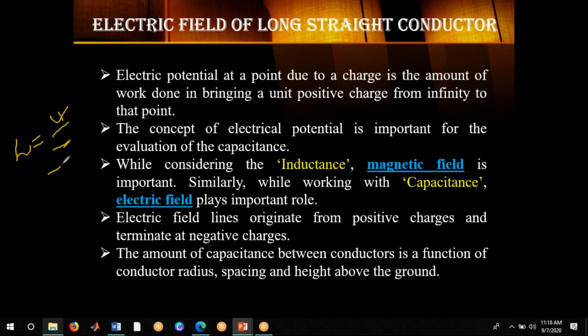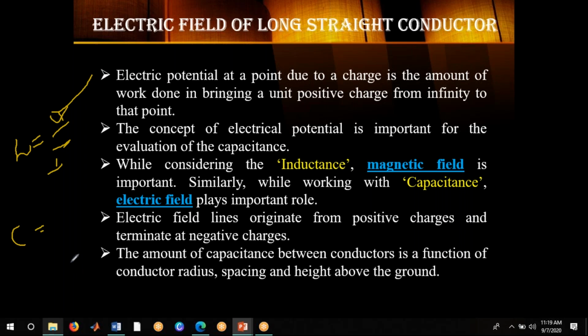Now, in this condition, we are talking about the magnetic field. When we consider the inductance value, there is involvement of the magnetic field, and when we consider the capacitance value, there is involvement of the electrical field.